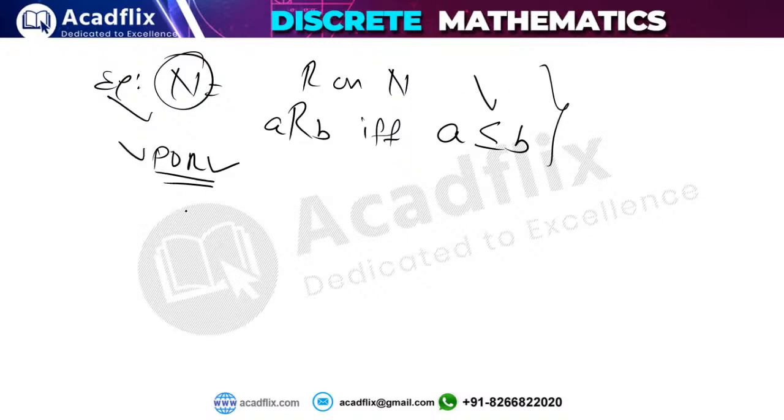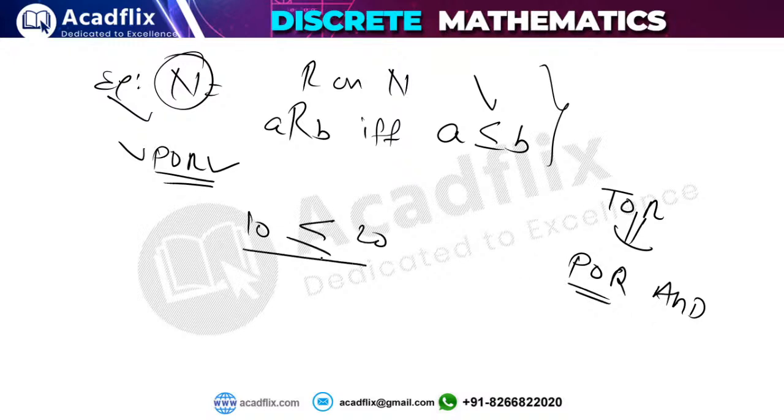Yes, it is a partial order relation, but I told you total order relation means first of all it must be a partial order relation, and for every two elements they must be related. You take any two elements, for example 10 and 20, you can say 10 is less than or equal to 20.